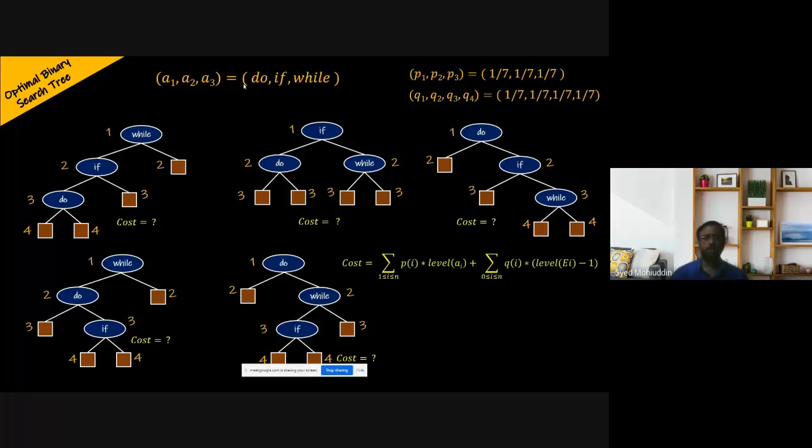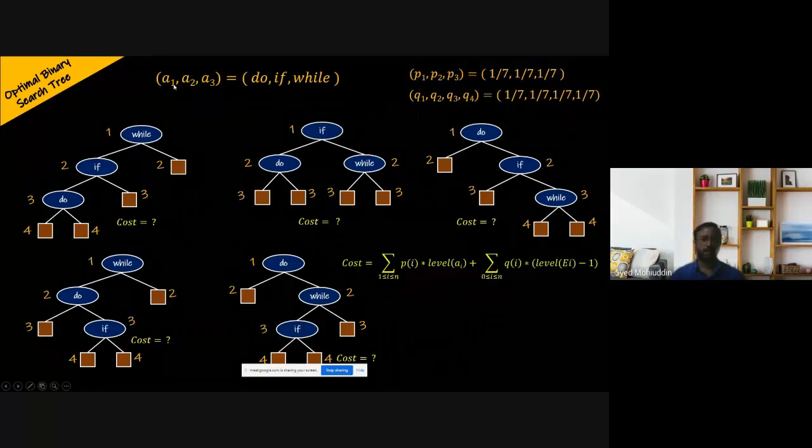With these 3 elements, we can actually create 5 different trees, and all are binary search trees. Remember, 5 different trees can be constructed, all are binary search trees. And we have to find the tree with the minimum cost. Each node's or each element's probability is given.